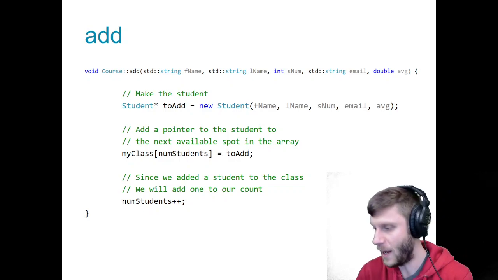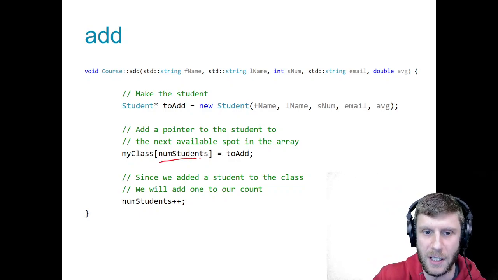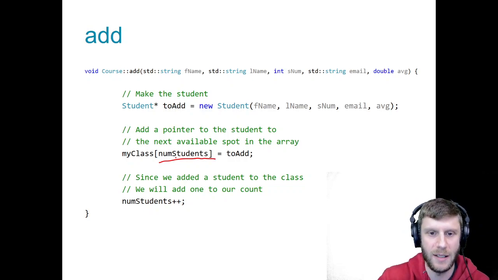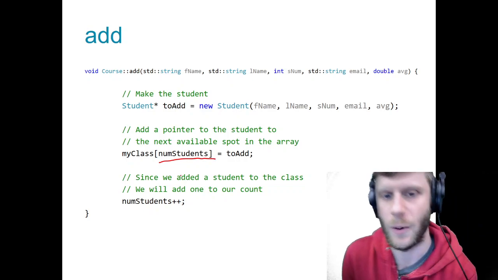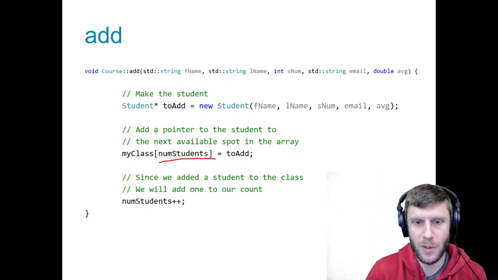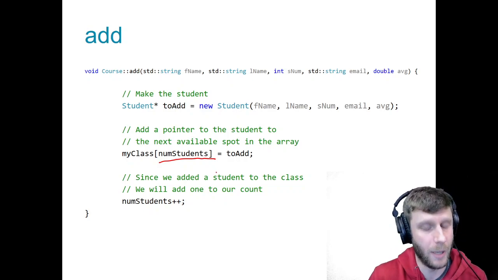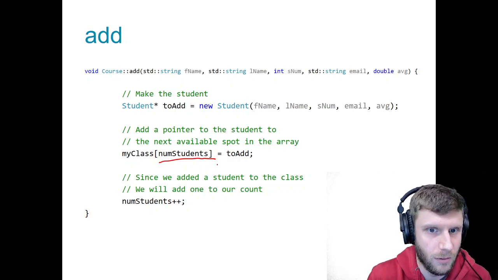Now, you might be saying, why are we indexing at numStudents? Well, this is a convenient little thing we've got here. When you have no one in the class, numStudents is 0, right? Then, when you want to add somebody, it needs to start at index 0, right?